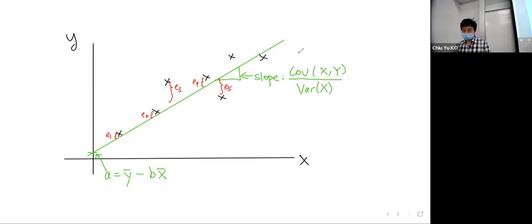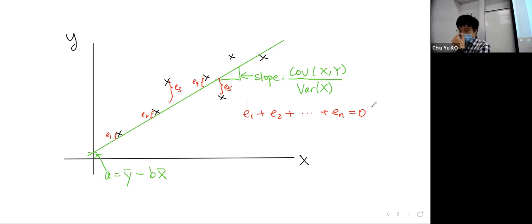First thing, I didn't actually prove it, but implicitly we said E1 plus E2 up to En is 0. It shouldn't surprise you, because you are fitting the line in the middle.